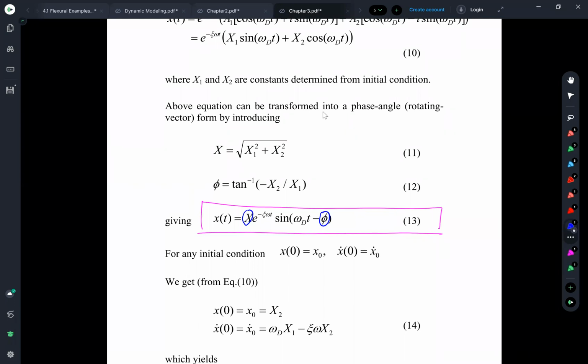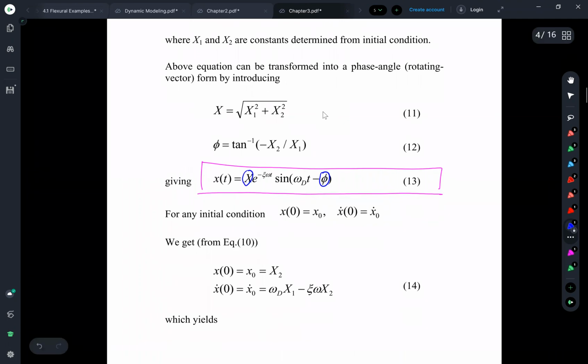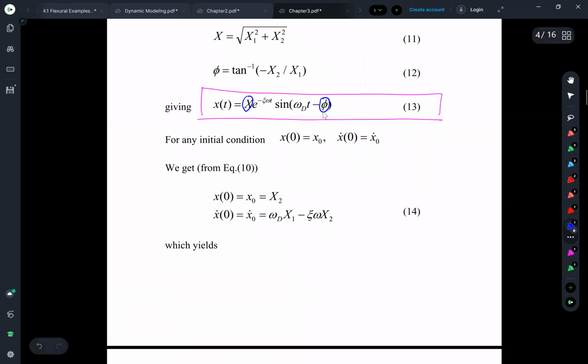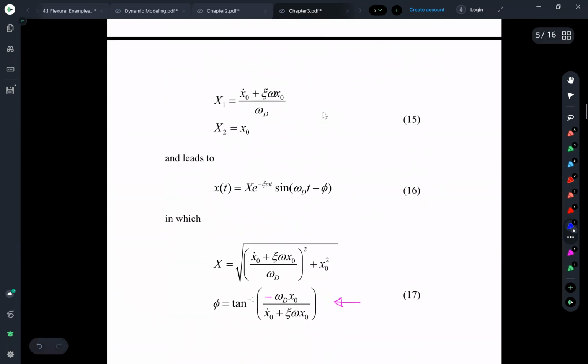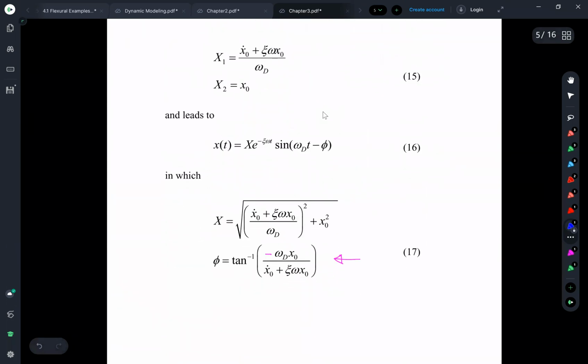Therefore, the values of the big X and phi can be determined from the initial conditions. If we assume the initial conditions equal to x0 and x dot 0, I think you can obtain something like this, equation number 17. This is the value of the big X and phi.